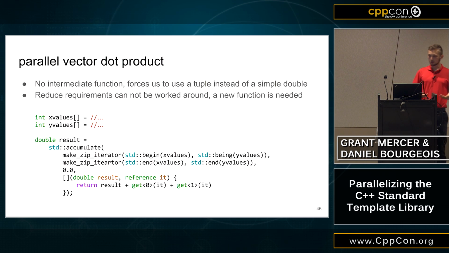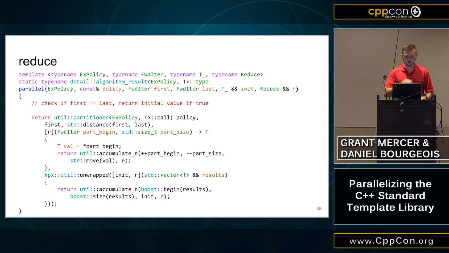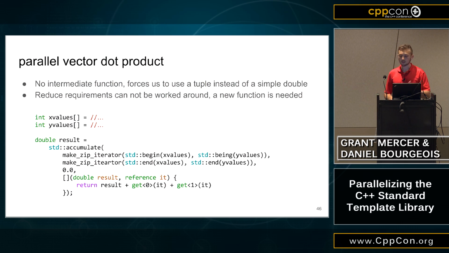You could multiply the two x and y values together of their location, and then add it onto the result. But we found with reduce, there's some requirements inside the function that actually limit us, and we can't do this. As you see here in the first lambda function, when we're setting the initial value, that initial value t-val is stuck being the type of the iterator that we passed in. So when you have a zip iterator, the type of the iterator will be a tuple when dereferenced.